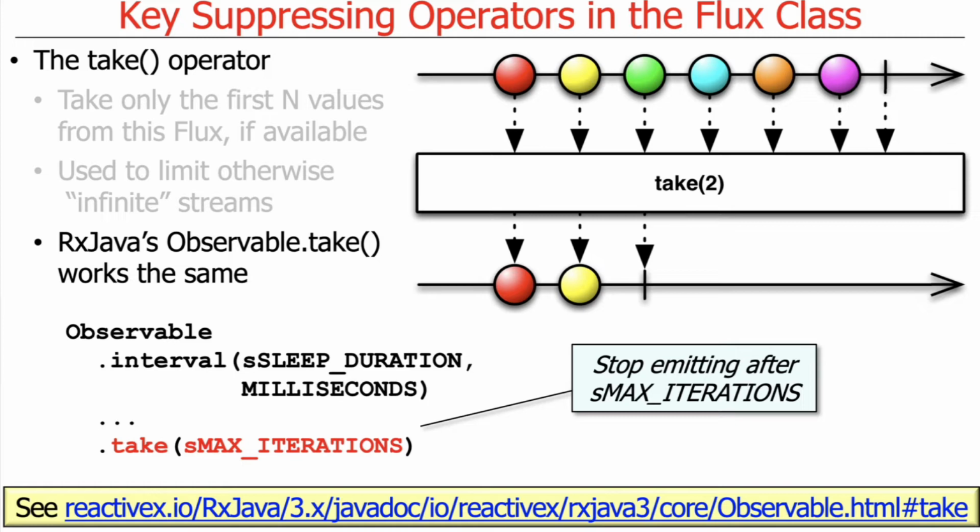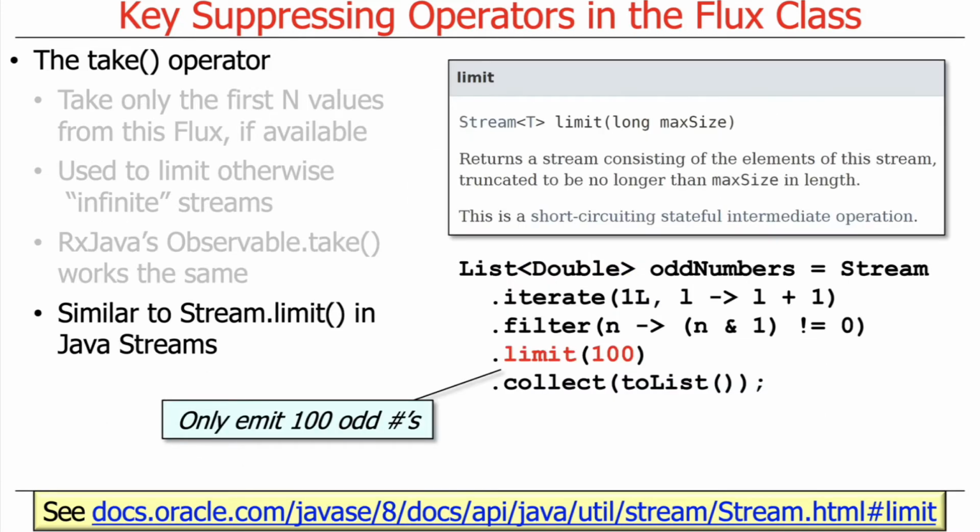And then there's also a similar operator called take for RxJava as well. These take operations are obviously very similar to the limit operation that you would see with Java streams. This particular example will only emit the first 100 odd numbers, and it uses iterate in conjunction with filter, in conjunction with limit, to be able to stop after we get 100 odd numbers.